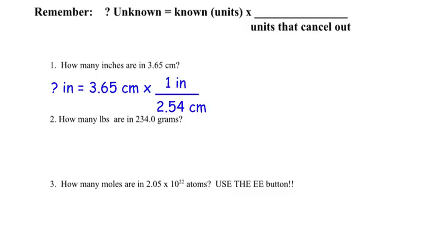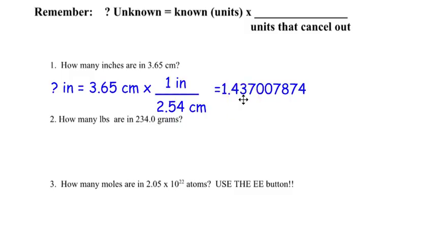So go ahead and calculate. Use your calculator and figure this out. Oops, this is what I got. This is what my calculator gave me, but what's wrong? Two things. I don't have sig figs and I don't have units. So always look at your given. How many sig figs are right here? I see 3 of them. So I need 1, 2, 3.